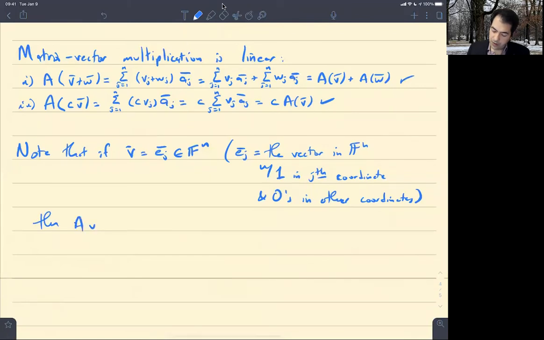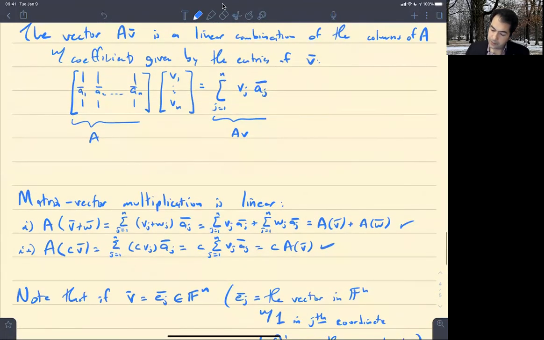Then A times Ej is just the column Aj, the jth column of A, right? And that's just plugging in right here.